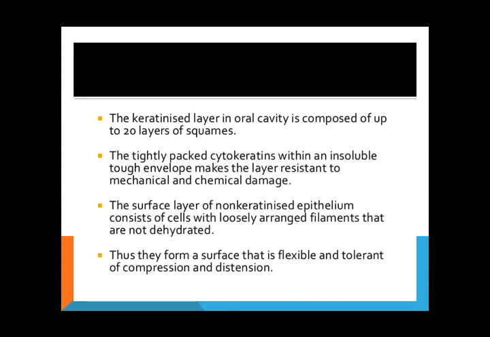The surface layer of non-keratinized epithelium consists of cells with loosely arranged filaments that are not dehydrated. Thus, they form a surface that is flexible and tolerant of compression and distension.